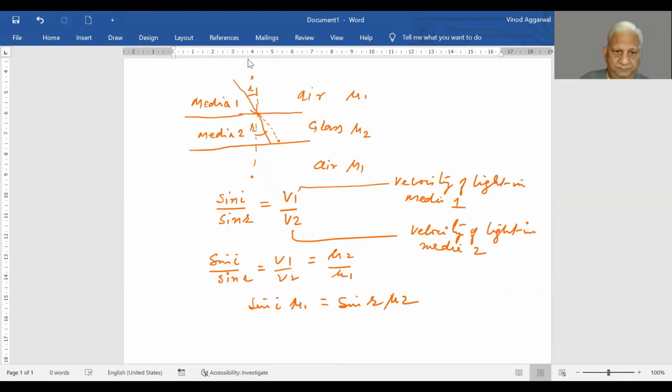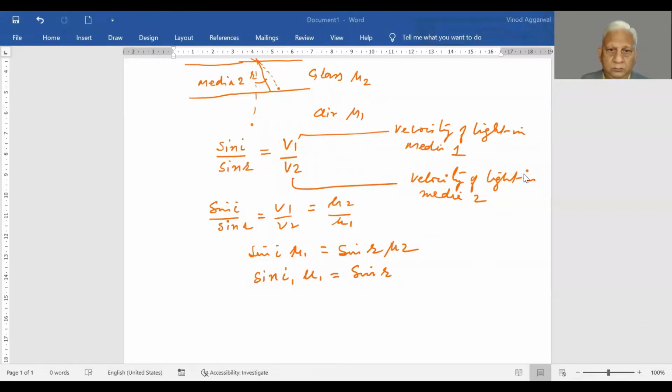Or we can also say sine I in media 1 into μ1 is equal to sine R in media 2 into μ2.